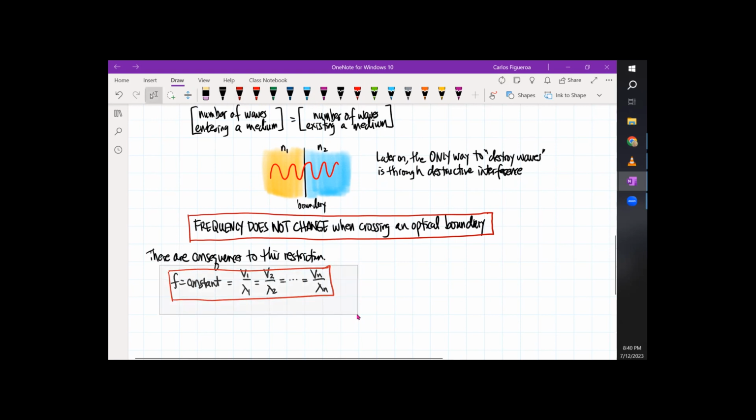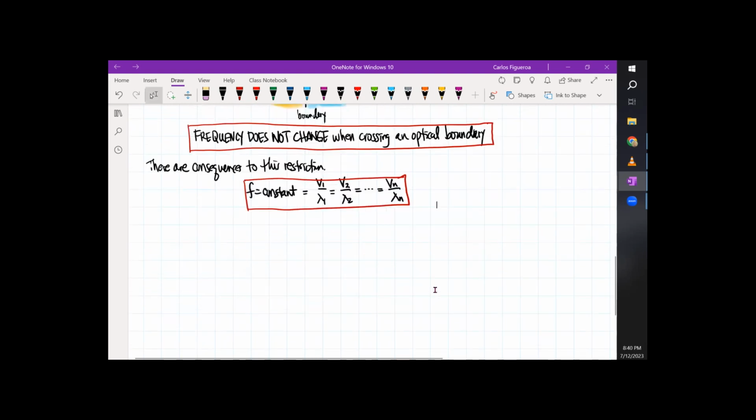So what does that mean here? There are some pretty interesting consequences. Suppose N2 is greater than N1. Then that implies, as we've already said, that V1 has to be greater than V2.